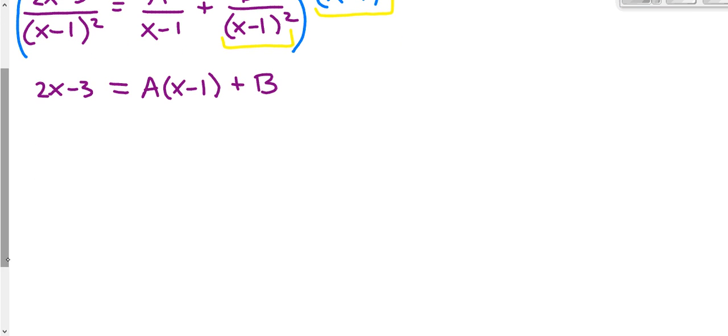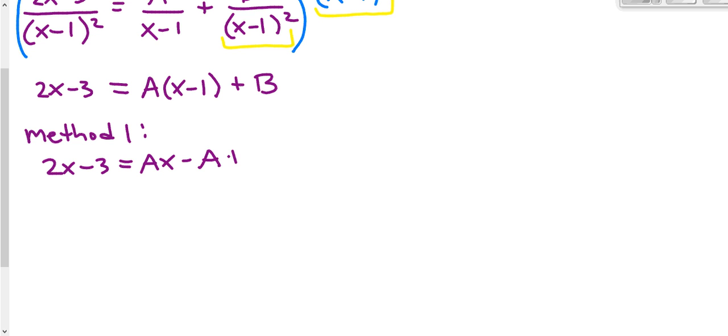So method 1 was to separate all the terms and to make an x term equation and a constant equation. So we have 2x minus 3 equals ax minus a plus b. And so for the x term equation, we have 2 equals a.